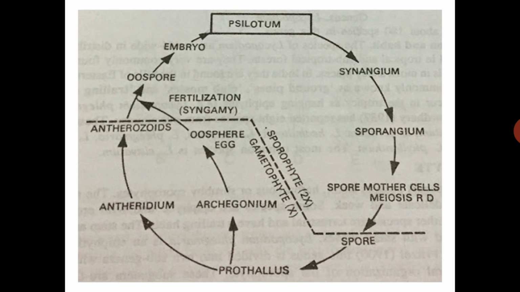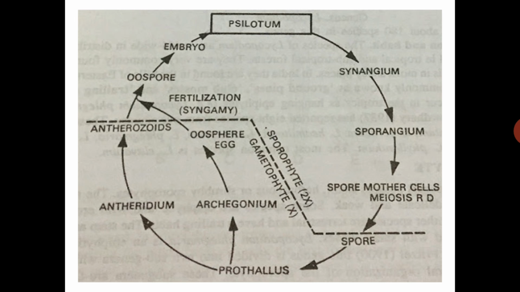Antheridium develops into anthrozoids and archegonium develops into an oosphere, the egg. So both the anthrozoids, that's the sperm, and the egg fuse to form an oospore, that's the embryo. Again the embryo develops into a new sporophyte. So here you find both generations, the sporophytic generation and the gametophytic generation, and here fertilization is syngamy. So that's why it has alternation of generations.